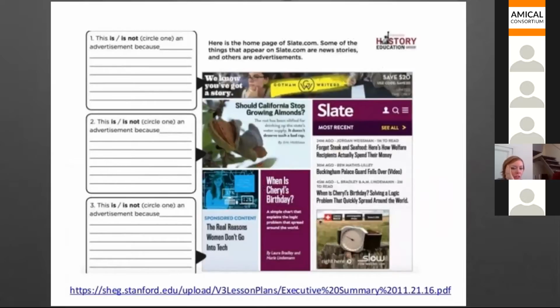They can pretty much figure out that it's an advertisement. Then this next one, should California stop growing almonds? And I read them the little blurb there. It's got a writer and that kind of thing. And then the third one, the real reasons women don't go into tech, sponsored content.